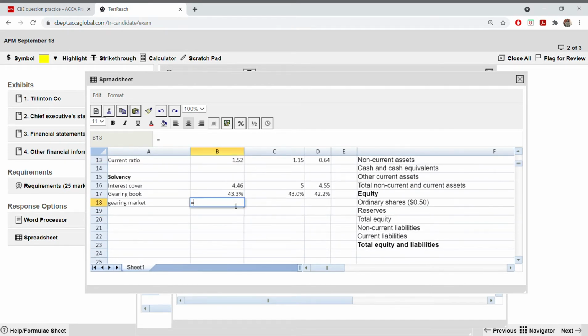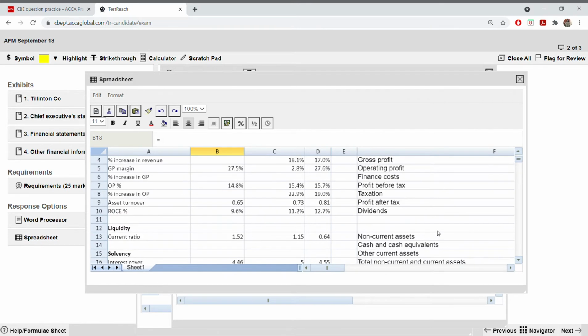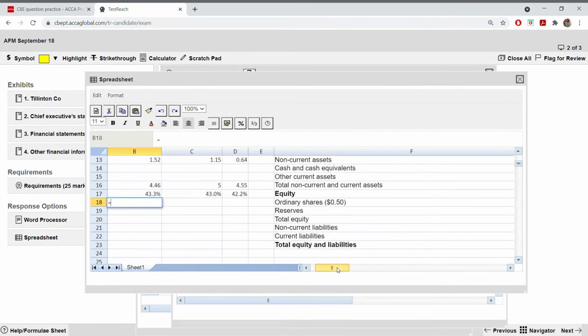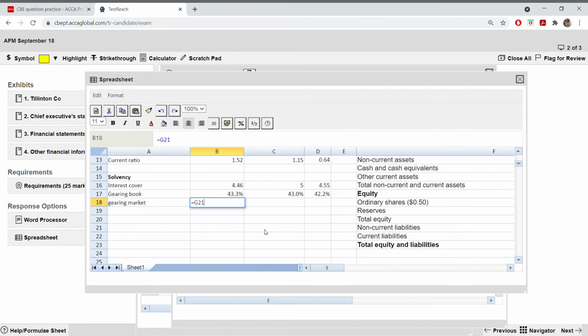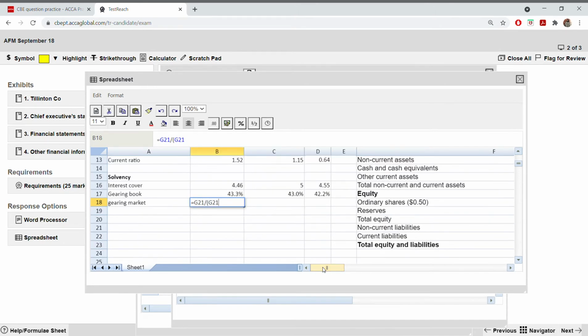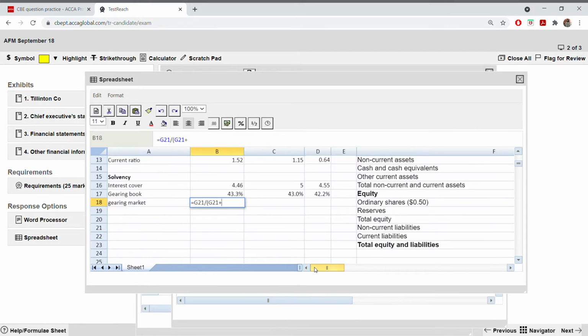So here equal to, you will go up and take the non-current liability. You have to drag it, divide by non-current liability plus, if you see the share price, it's 800 plus 800.